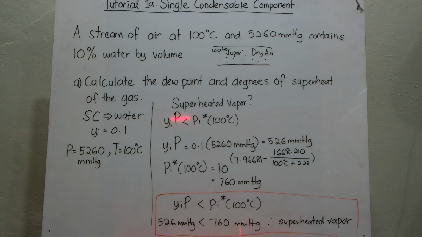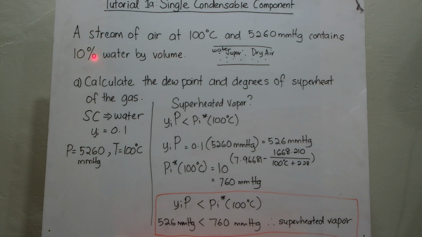So the first thing, we have to determine whether our single condensable is actually in superheated state. We know our single condensable in this system is water. So the mole fraction of water in this system is 0.1. How do we get this mole fraction? From this information: when you have a gas system, the composition is given by volume composition, and volume composition is similar to mole fraction.